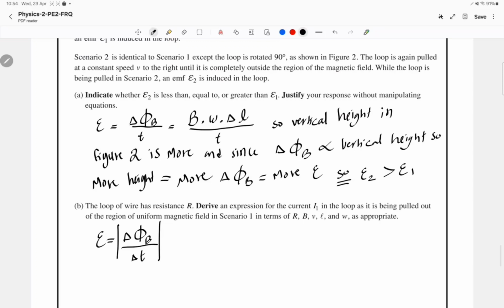Okay. So now we're going to say B times width times the change in the length over time. And the change in the length over time is just the velocity. So B times W times the velocity.